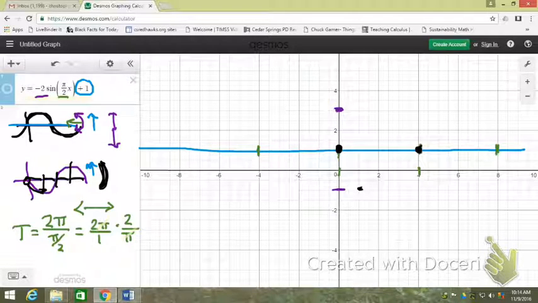Program's not cooperating. And then it's going to come back up to that center line after another unit of 1, because that's a quarter of the way through. And then I'm going to come up to the maximum up there after another quarter period. And then I'm going to come back to my center line. And so I can just start to sketch this basic shape.